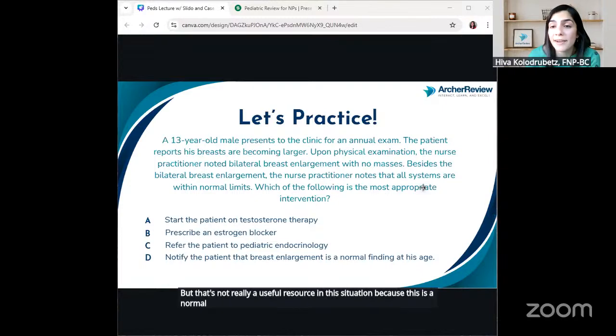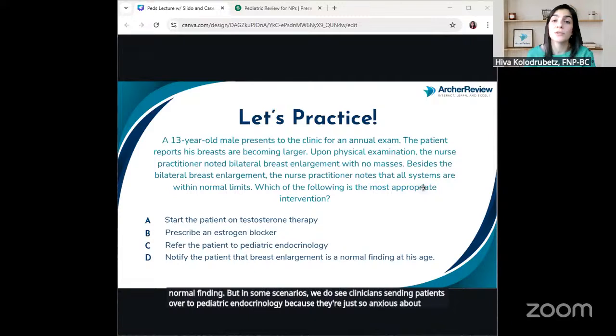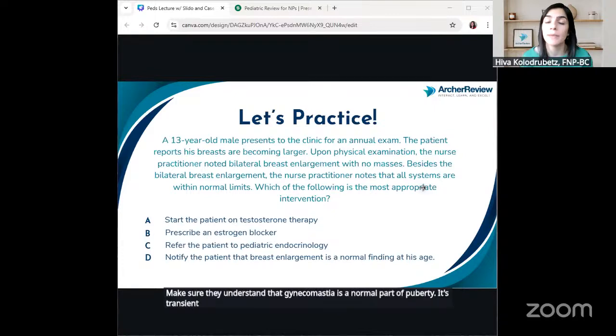But in some scenarios, we do see clinicians sending patients over to pediatric endocrinology because they're just so anxious about it. But you want to do your due diligence in primary care and reassure this family. Make sure they understand that gynecomastia is a normal part of puberty. It's transient. It could be bilateral, meaning in both breasts, or unilateral, just in one breast.